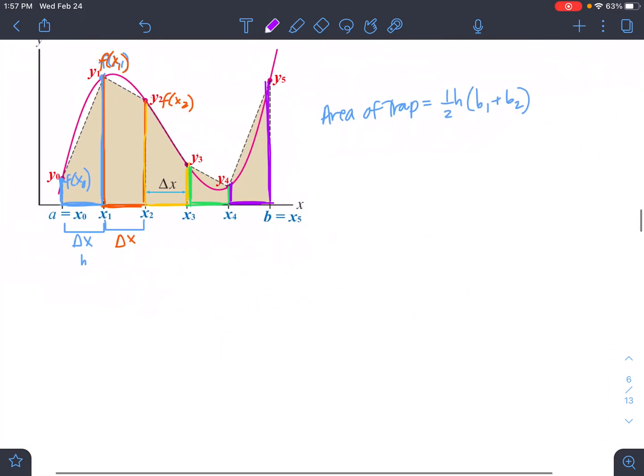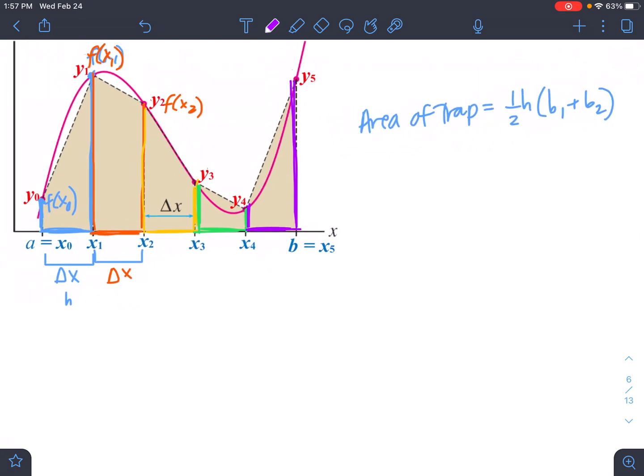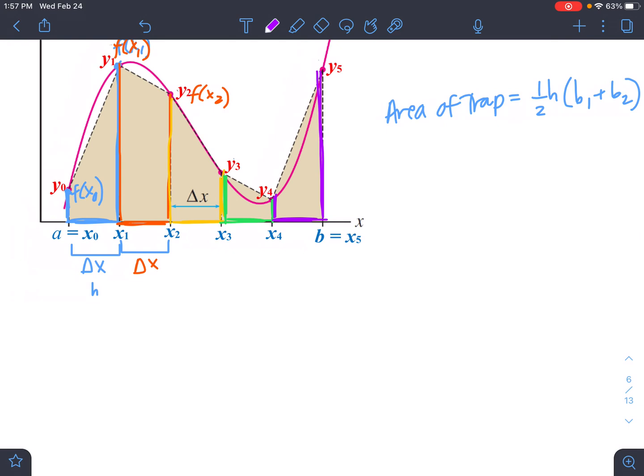Okay, so first of all, no matter what, you can definitely find the area by doing each trapezoid. So one of our formulas could be 1/2 delta x times base 1, which in this case is the height at y sub 0, plus base 2, which would be this other blue piece right here.